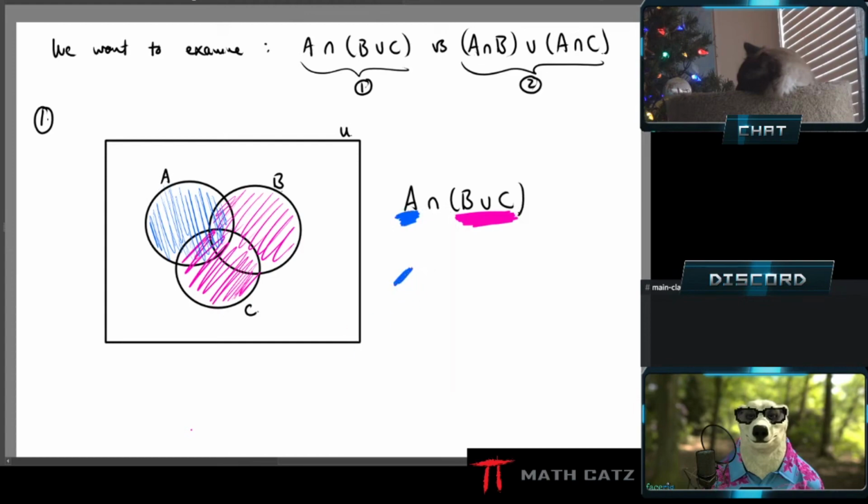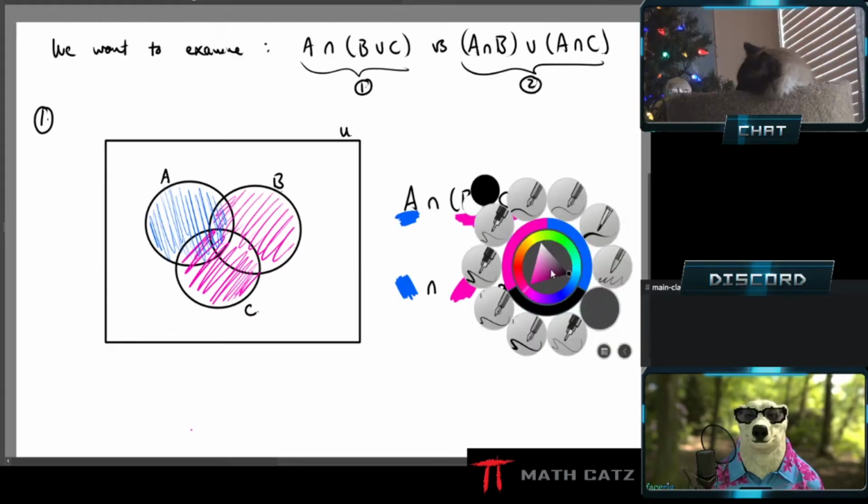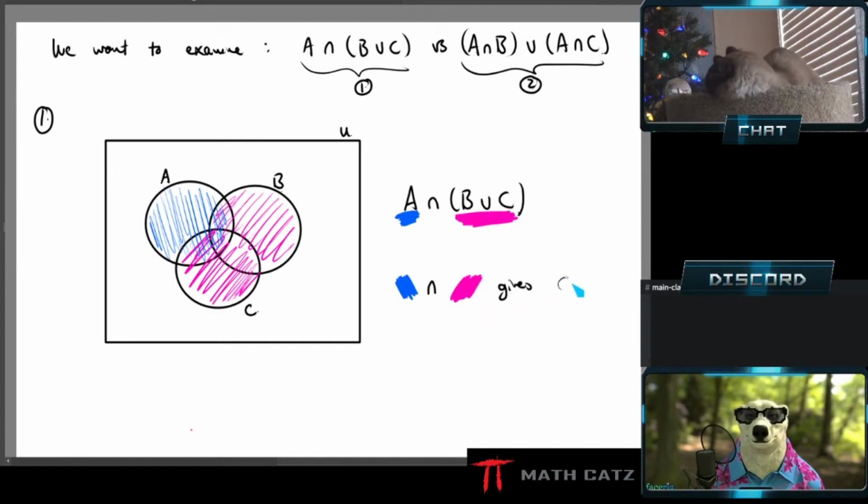Find the blue, the pink, an intersection, and that's going to give me, you guessed it, purple.